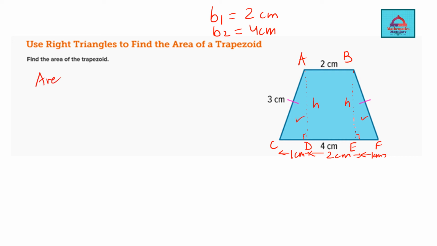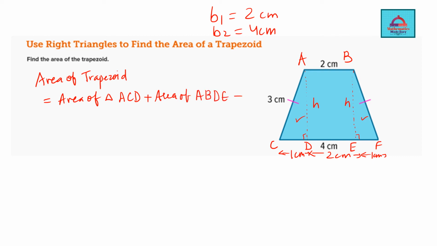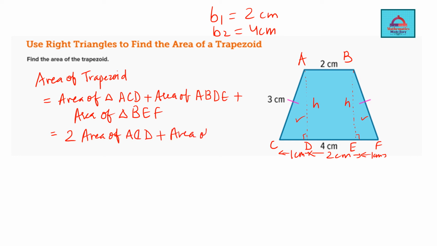So we can write area of trapezoid is equal to area of triangle ACD plus area of rectangle ABDE plus area of triangle BEF. Now the area of these two triangles is equal, so 2 times area of triangle ACD plus area of rectangle ABDE.